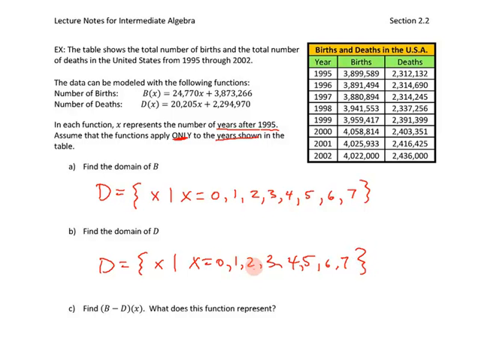Now, because the domains are equal, the same domain, we can plug the same numbers in. We're going to consider combining those two functions into one and taking births minus deaths. Okay, b minus d of x.